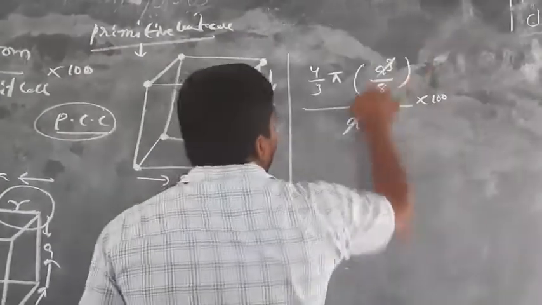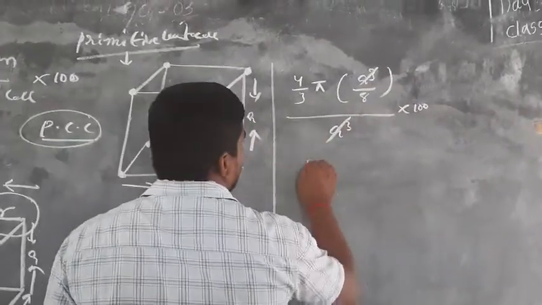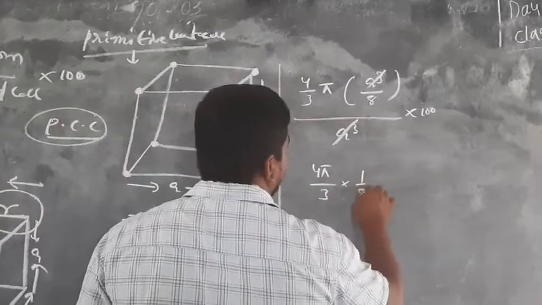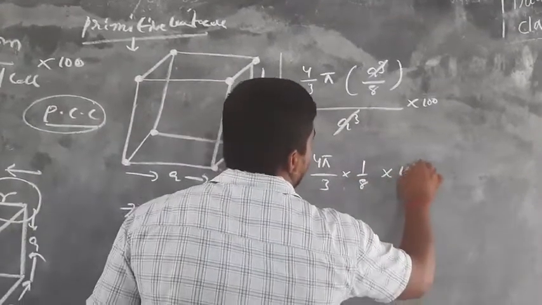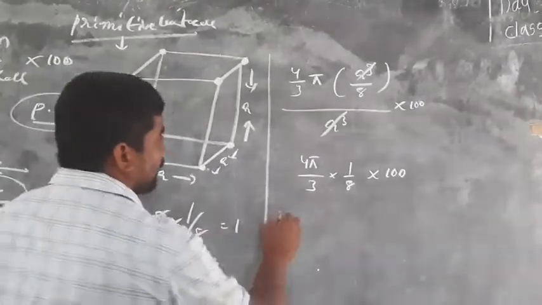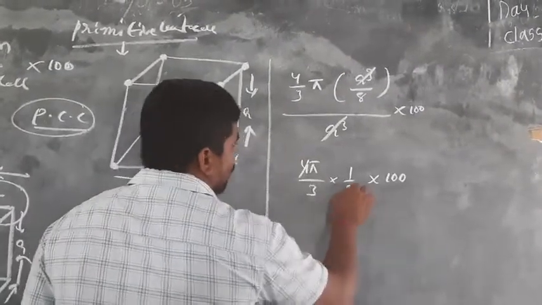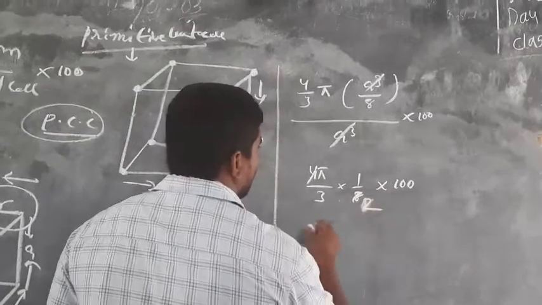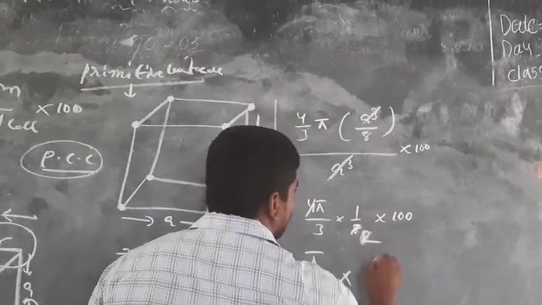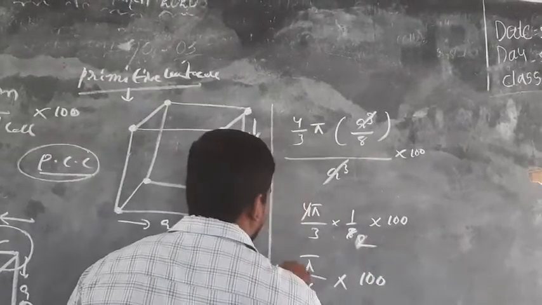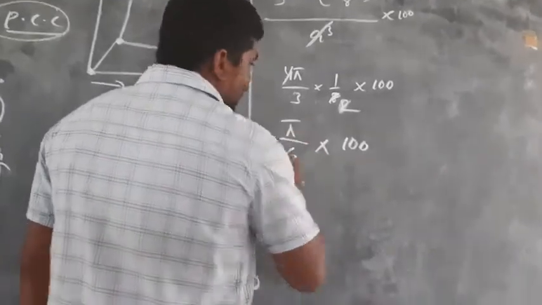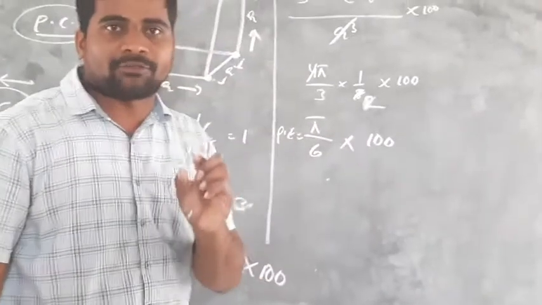The a cube cancels. Now 4 pi into 3 into 1/8, into 100. The value: 4 ones are 4, 4 twos are 8, so we get pi by 6 into 100. What is the value of pi? 3.14.